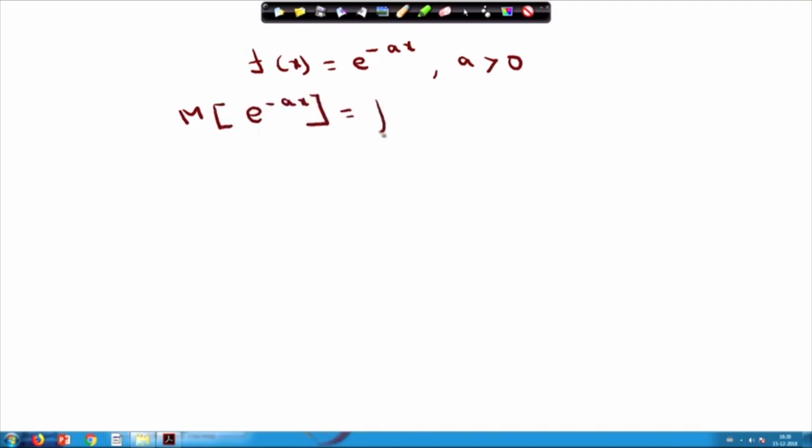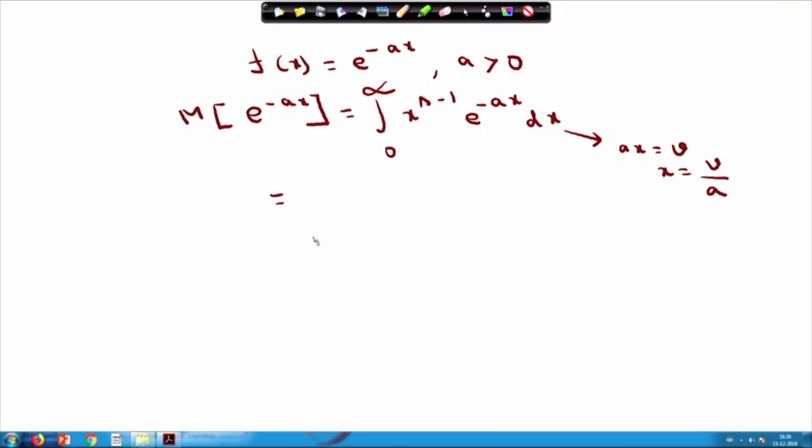From the definition you can write the integral from 0 to infinity of x to the power s minus 1 into e to the power minus a x dx. On this, if you put a x equals v, say, I am substituting a x equals v, so that x is equal to v by a.